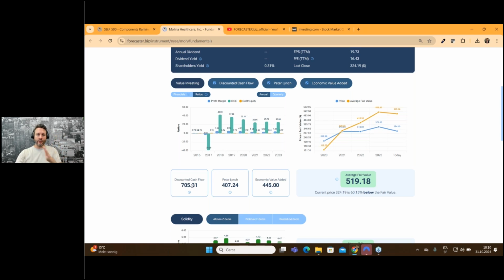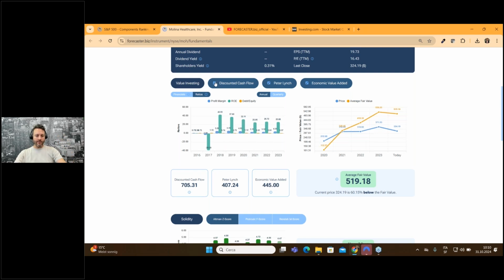Very interesting. We can also see that with all the methods we use in order to calculate the fair value, we find a company which is undervalued. At the moment, the last close was $324 per share, and the discounted cash flow, Peter Lynch, and the economic value added all give us a fair value which is above $400.